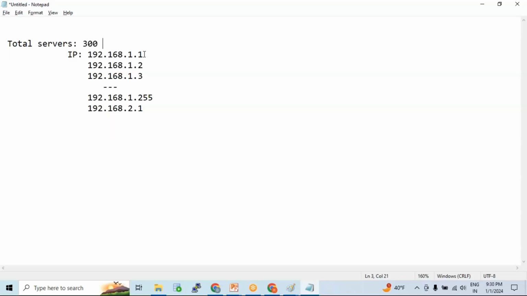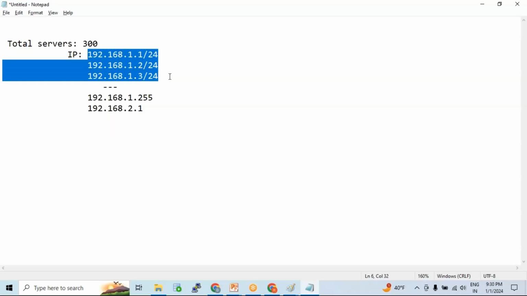But rather than me giving you the full network ID, I can go with the shortcut CIDR notation. So in each IP address, I can add a CIDR notation like this. So now tell me, guys, is it possible to tell that these highlighted IP addresses belong to the same network or not? Now I can tell why.